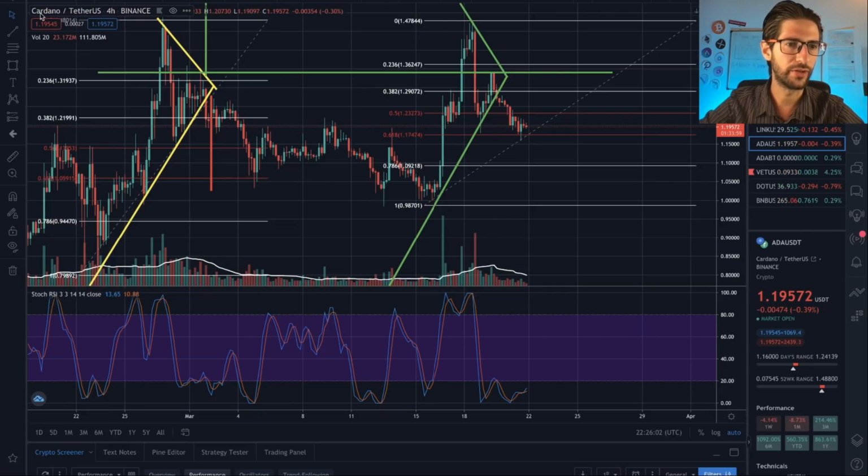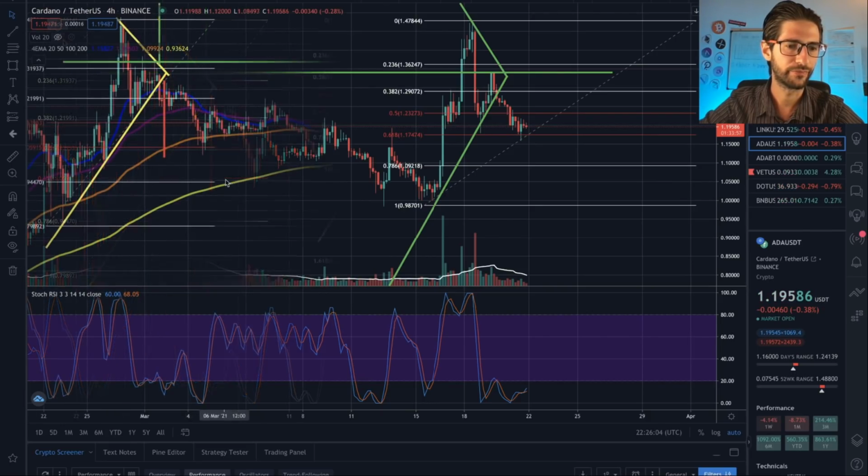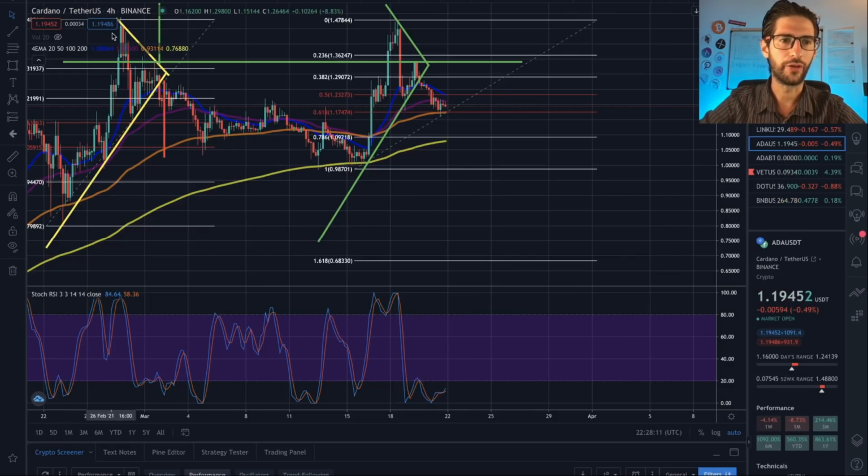If we see, for example, if we put here the 4 exponential moving average, we have been seeing that we have been holding support at the 100 moving average here. When we broke down, we held support over the 200 moving average.